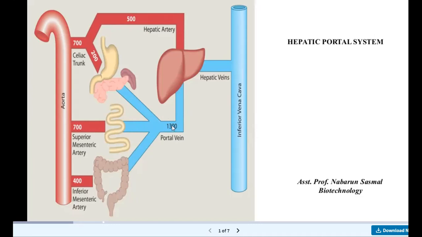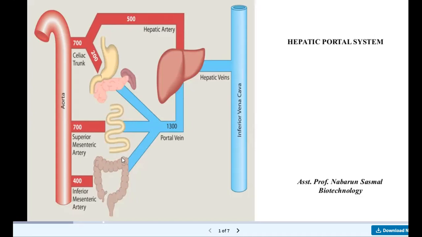So this portal vein will receive deoxygenated blood from these gastrointestinal organs and bring it to the liver. But this portal vein is rich in nutrients, because digested food is coming from the stomach and the intestine.